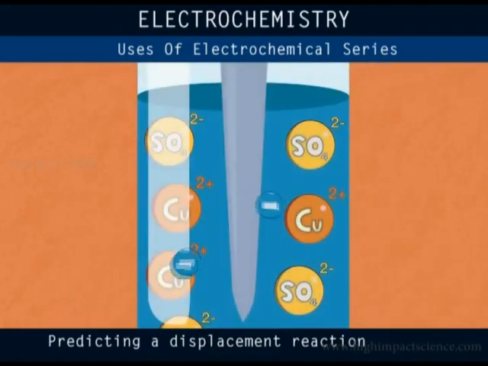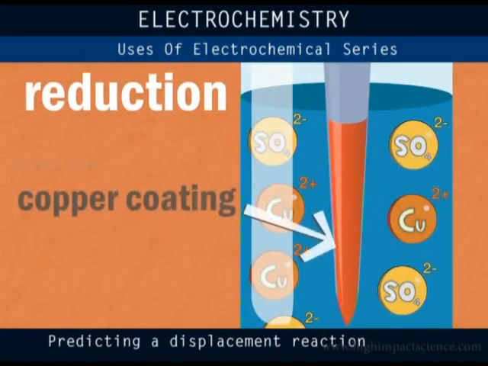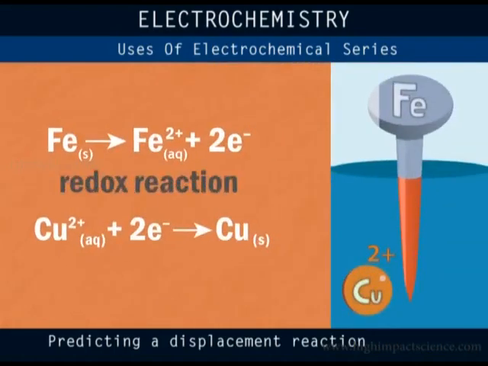Copper is less reactive, so its copper-2 ions are forced to accept these electrons. So copper-2 ions undergo reduction, and as a result, copper metal is produced and coats the nail surface as shown here. The two processes happen simultaneously, and we call it a redox reaction.